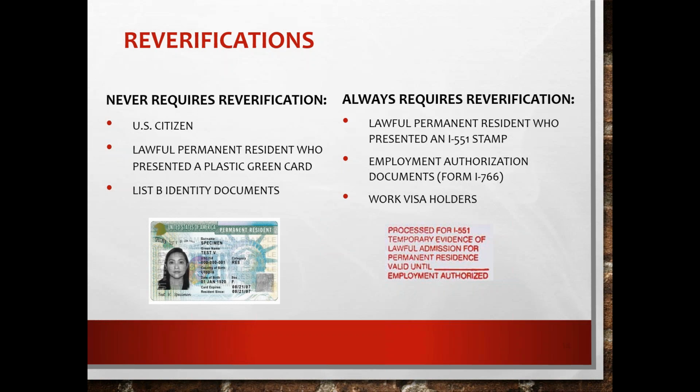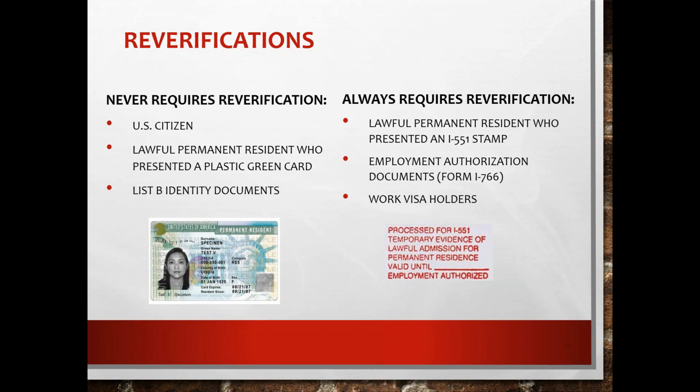And that makes sense that you wouldn't re-verify, but the 2-year card is conditional. And in fact, the card after the 2-year period may or may not be issued. But even so, if it's a plastic card, and that 2-year card would be a plastic card, you don't have to re-verify that. And then just a reminder that list B identity documents, you're never going to re-verify those.